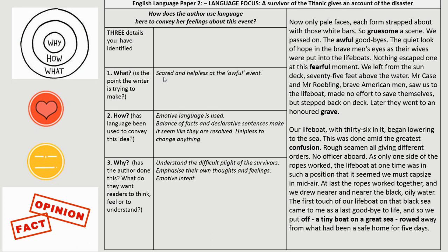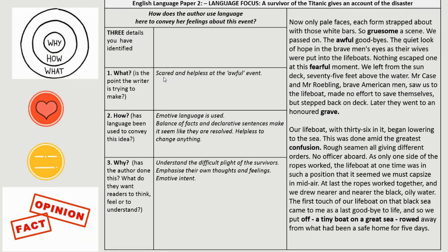And why? I think they've written it to help us understand the difficult plight of the survivors, but also to emphasise their own thoughts and feelings. And it was an emotive intent. I think they wanted us to understand how difficult that situation was, even though they survived it.